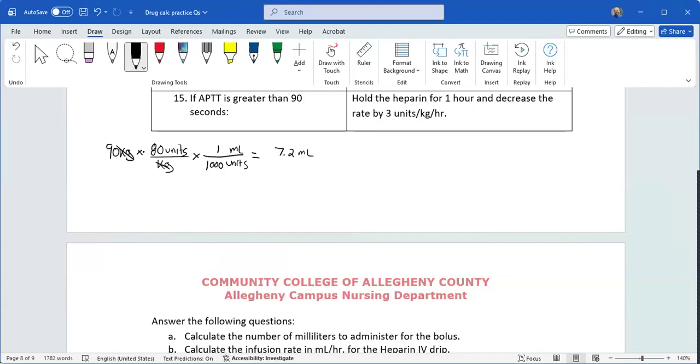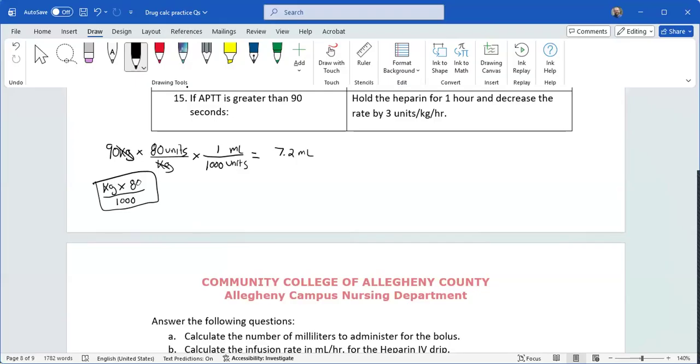I was telling the 230 students the shorthand way of doing this. As long as it's the standard weight-based heparin protocol, whatever the patient's weight in kilograms is, you multiply that by 80 and divide by 1,000, and you should get your answer.